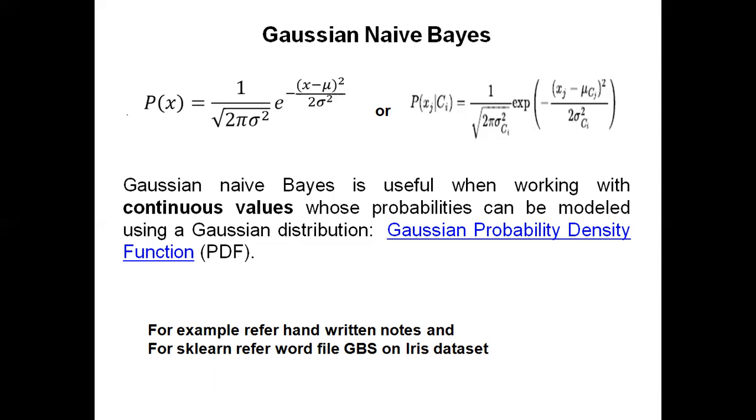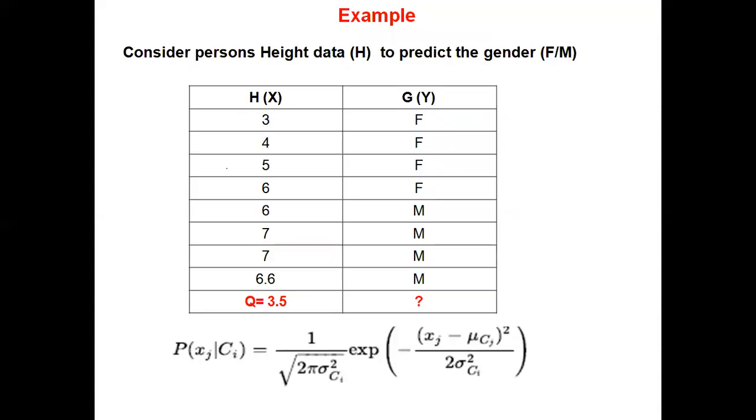The formula for the probability of x is P(x) = 1 over the square root of 2 pi sigma squared, where sigma squared represents the variance of that input attribute, times the exponent of minus (x minus mu) squared, where mu represents the mean of that attribute, divided by 2 times the variance. We will discuss with an example how the Gaussian naive-Bayes classifier works.